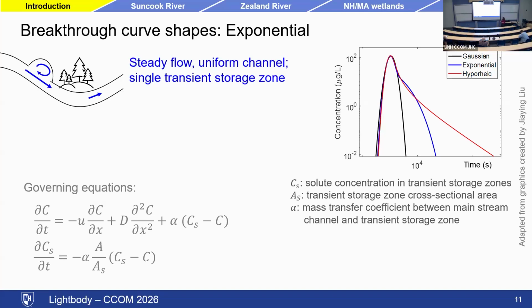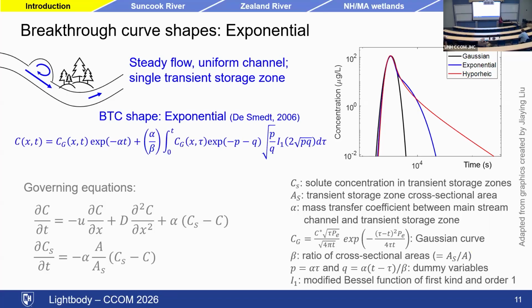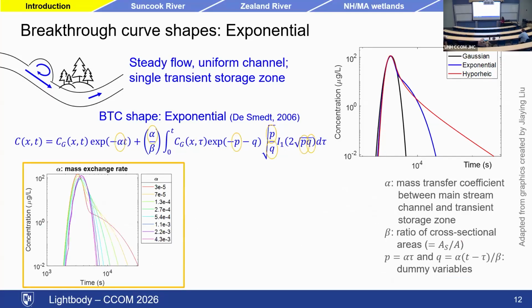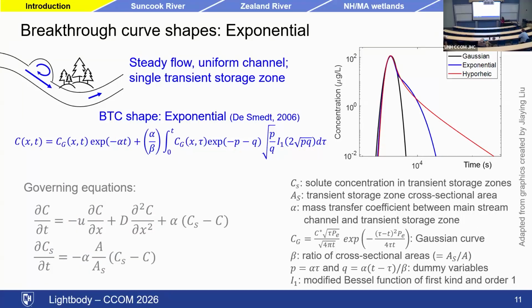We get separate governing equations for the main channel and the transient storage zone, which is typified by a single time varying concentration. One solution to this was proposed by de Smet. It's based on the Bessel functions, and you can see the Gaussian solution right here, and then that is modified with this additional term that gives us a longer tail.